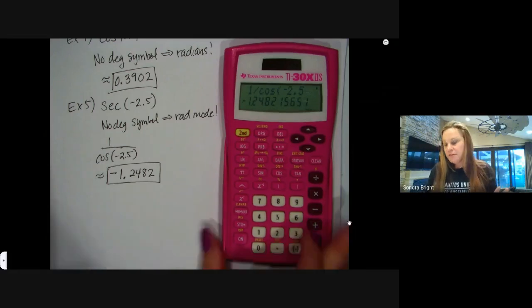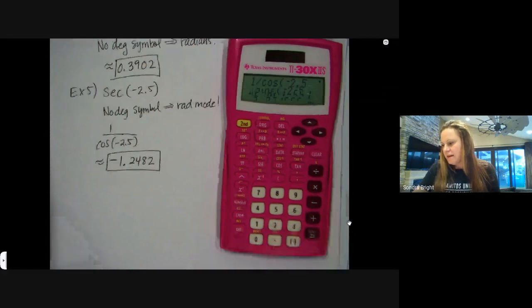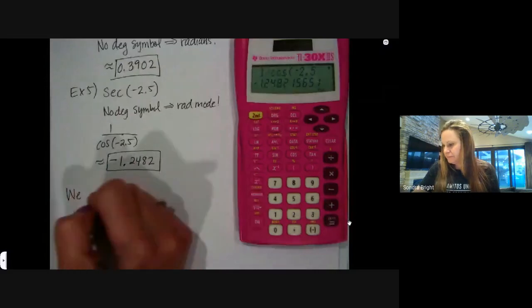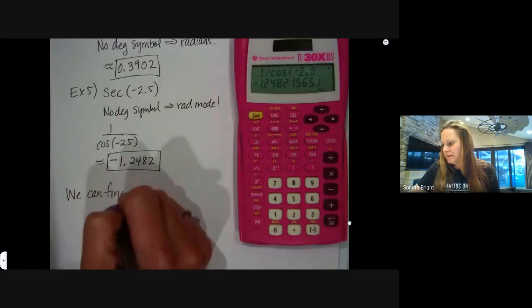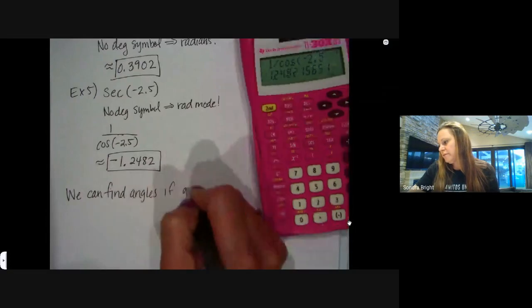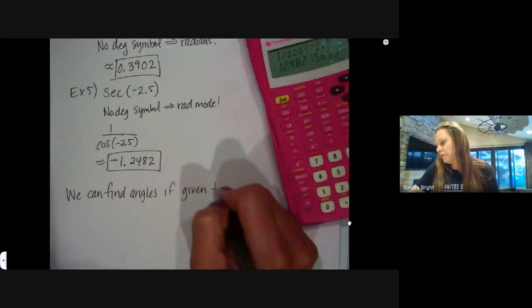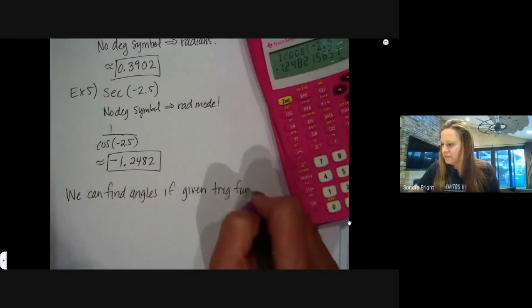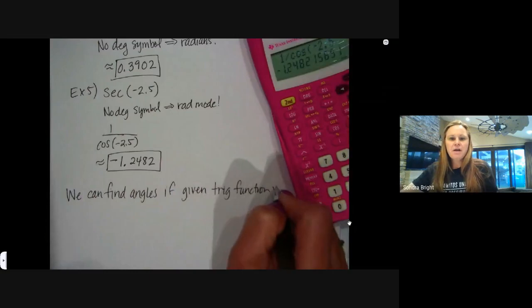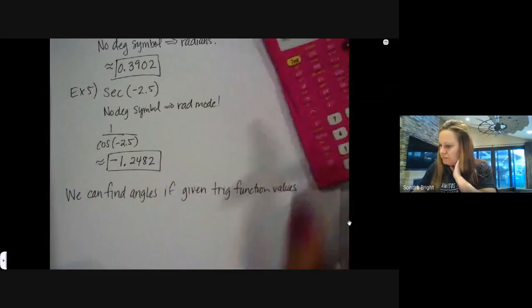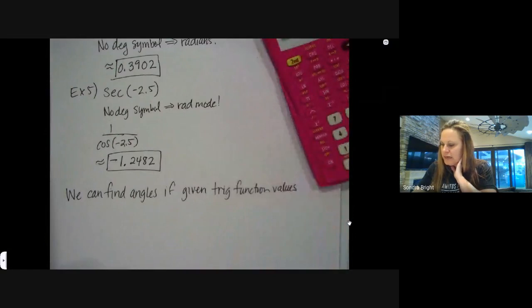All right, let's do a different type that you're going to see, and that is we can find the angles if given the trig function values. This is the same type of problem as when I said, on special ones, you didn't need a calculator, right?